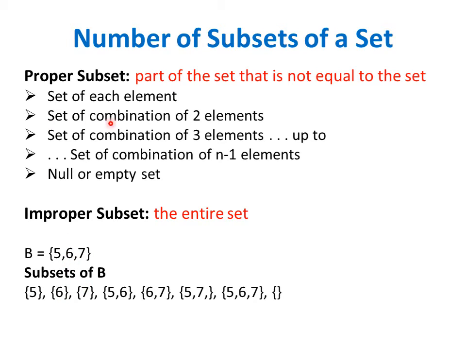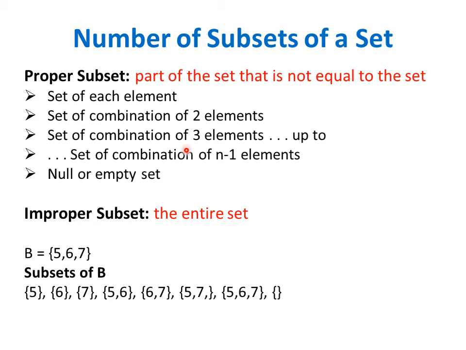Then we can have the set of combinations of 2 elements. Let's combine 2 of these 3 elements, so 5 and 6, {5, 6}. Then 6 and 7, {6, 7}. And we can also combine 5 and 7, so we have {5, 7}. Those are the possible combinations of 2 elements.